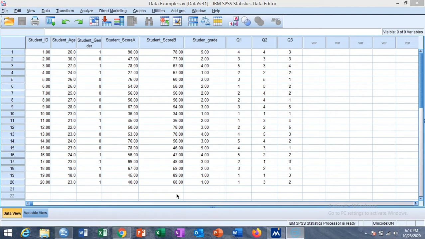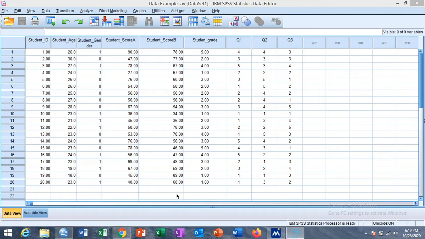In today's tutorial, we'll learn how to conduct a test for comparing the mean of a population with a given target value, comparing means of two populations, and comparing means of more than two populations or groups.